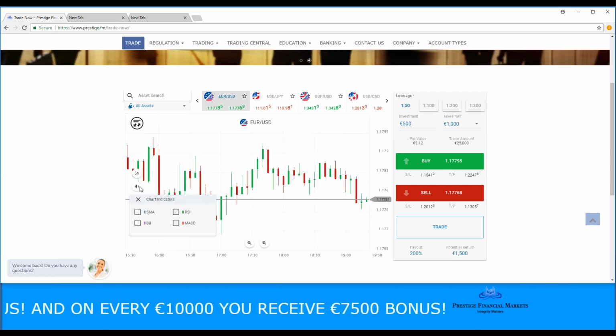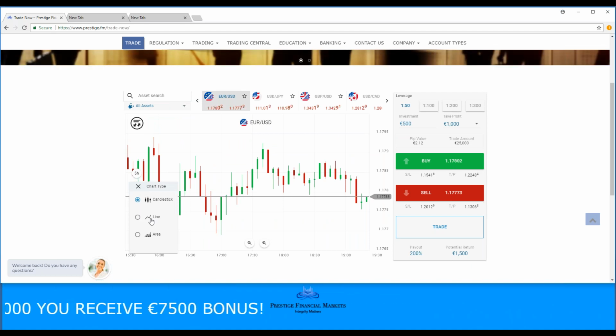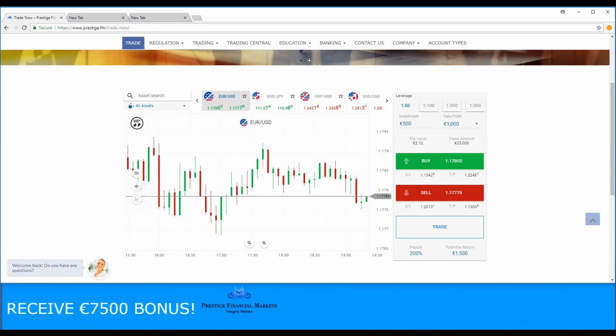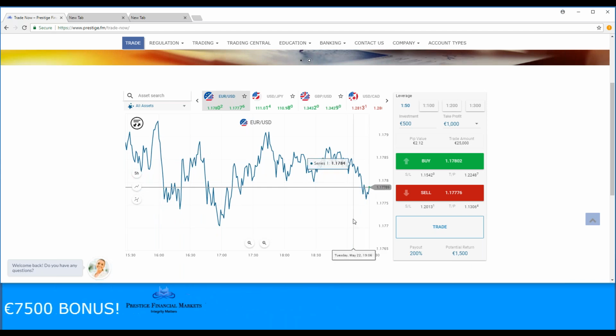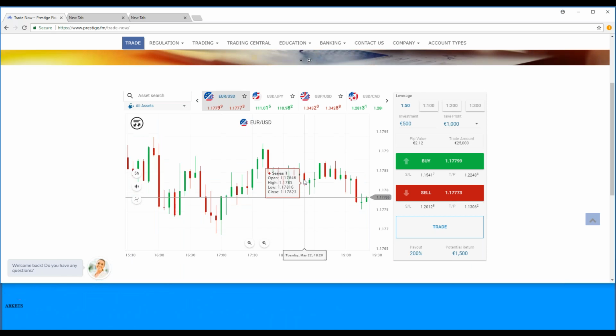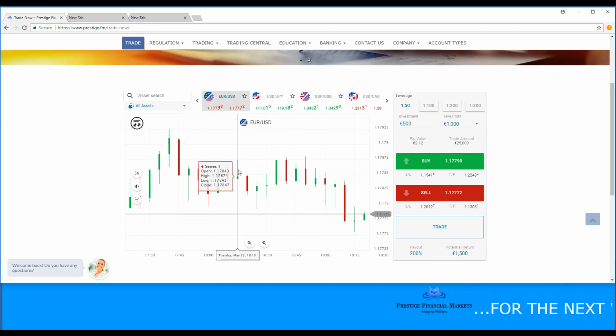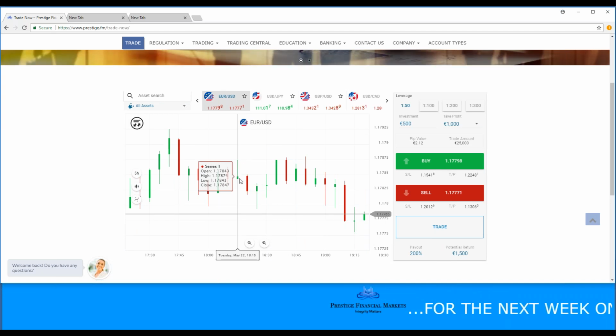When it comes to the chart type, lines are also good, but they show just the close price, not like these candlesticks. The big advantage of candlesticks is that you can see the overall price movement, not just the closing price.